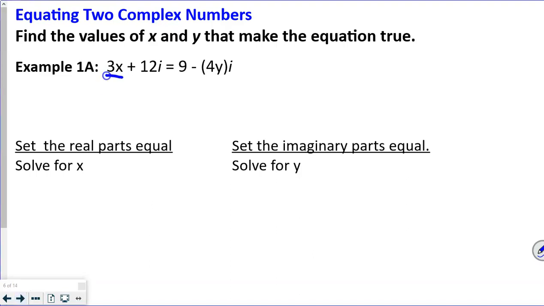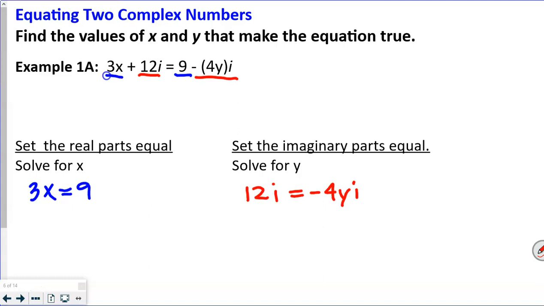Notice this is real and this is real, right? So we're going to do 3x equals 9. And then the 12i is imaginary, and we have the minus 4yi. So this is equal to minus 4yi.